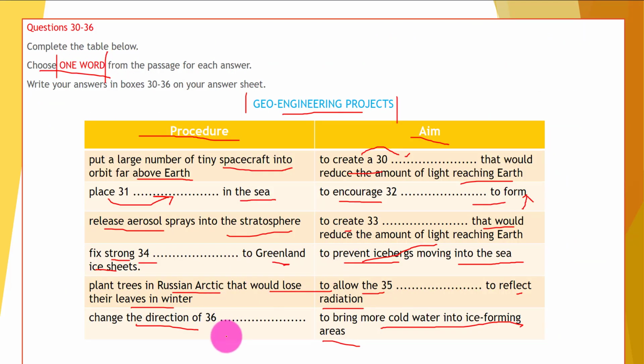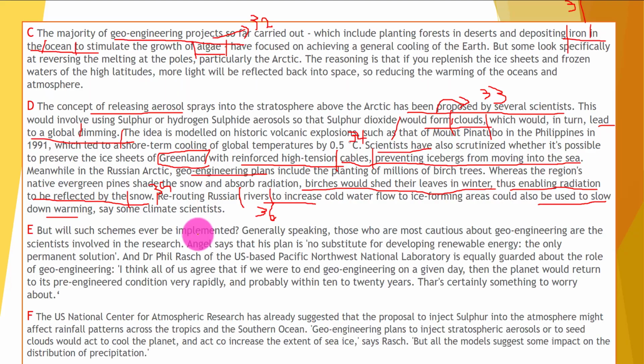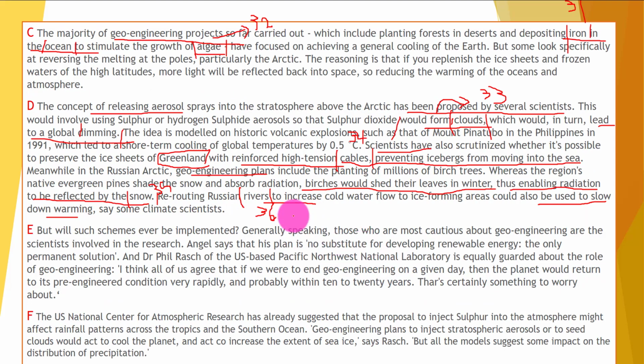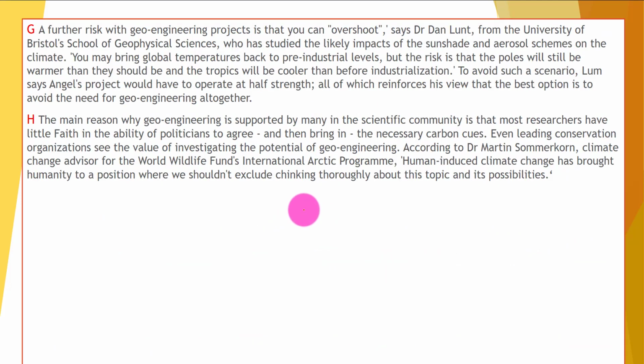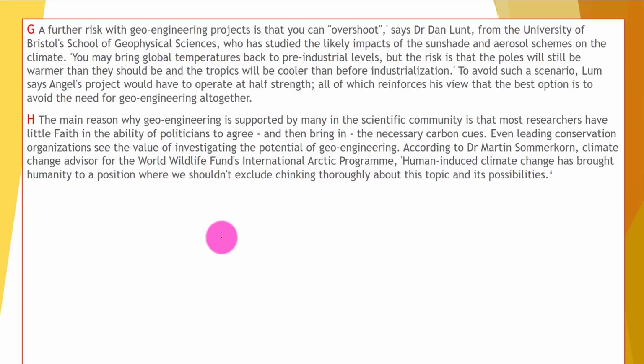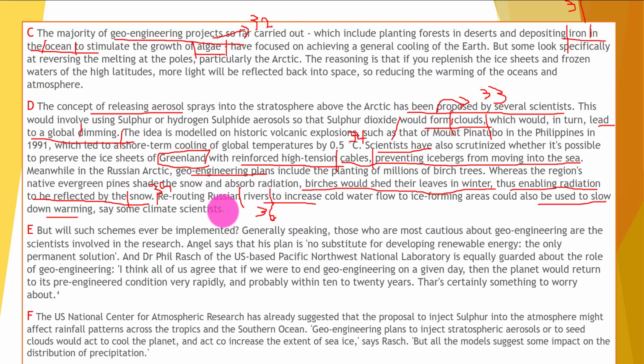We answered all of our questions, and as you see, I chose this from reading passage 3, which is the most difficult one compared with reading passages 2 and 1. Again, it wasn't very difficult to answer table completion and gap fill questions. So be happy when you see these questions because they are not challenging.